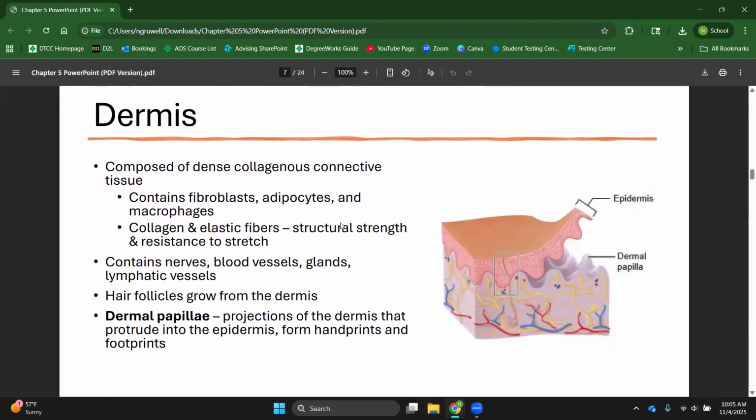Moving down to the dermis, so we said our epidermis was stratified squamous cells. Our dermis is made up of connective tissue, and more specifically, dense connective tissue. We're going to have a few different types of cells. We have fibroblasts that are going to lay down some of that connective tissue. There are some adipocytes or some fat cells that creep up into the dermal layer.